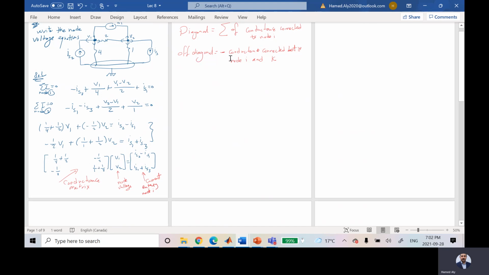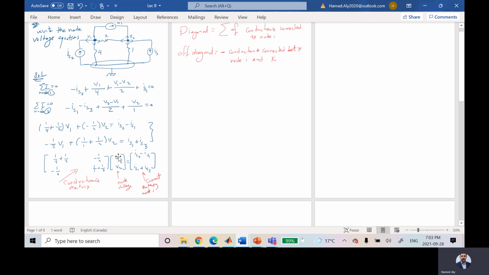He said negative conductance connected between node I and K. Imagine we are talking about A12 or A21. They are the same, so I'll talk about node 1 and node 2. What is the conductance connected between 1 and 2? It is 1/2. He said negative 1/2. So by doing that, I can write the equations in the matrix format. If you would like to do that, that's fine.